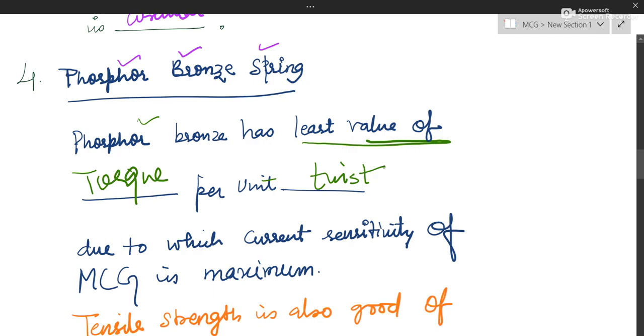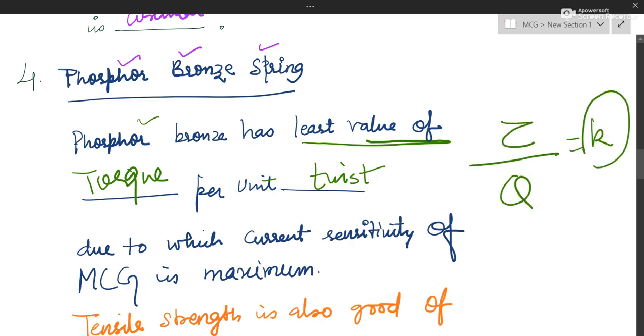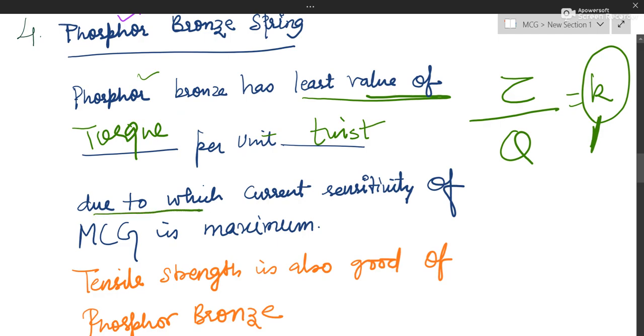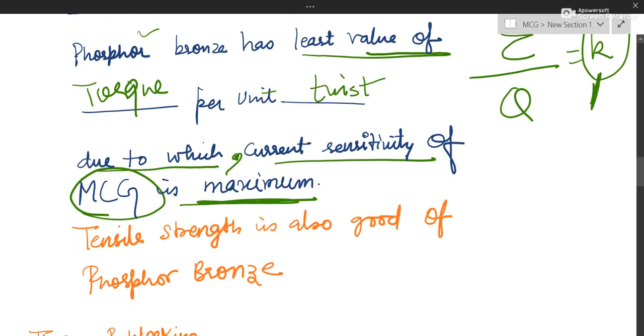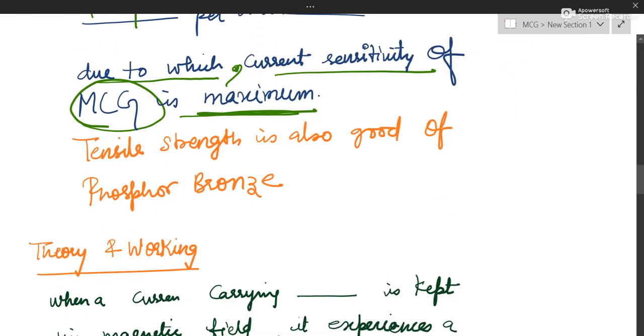It has least value of torque per unit twist, or you can say it has least value of torsional constant. This K is torsional constant. Due to which current sensitivity of the moving coil galvanometer becomes maximum, that we need for improved efficiency of the device.